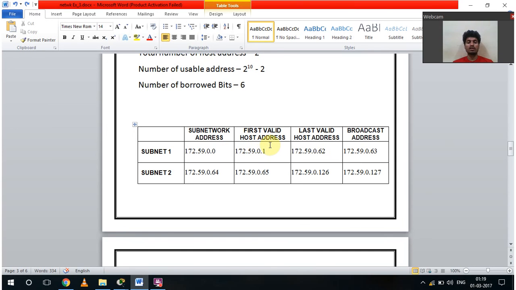Keeping the borrowed bits as 0 and the rest as 1, the broadcast will be 172.59.0.63, and the last valid host address will be 172.59.0.62. The next address after the broadcast is the network address of subnet 2, that is 172.59.0.64, and the first valid address is 172.59.0.65.